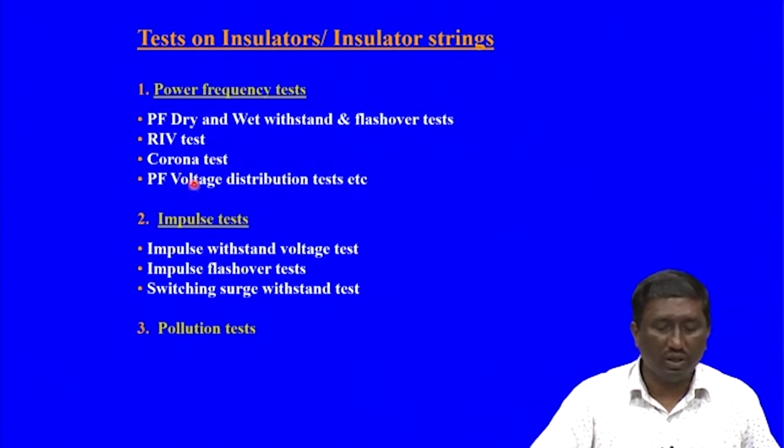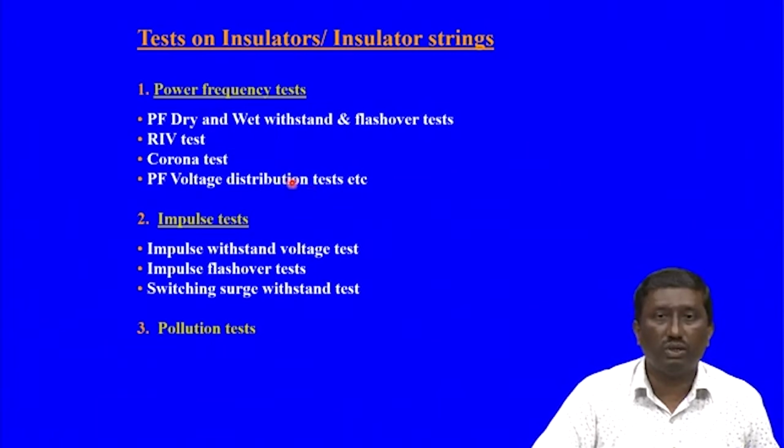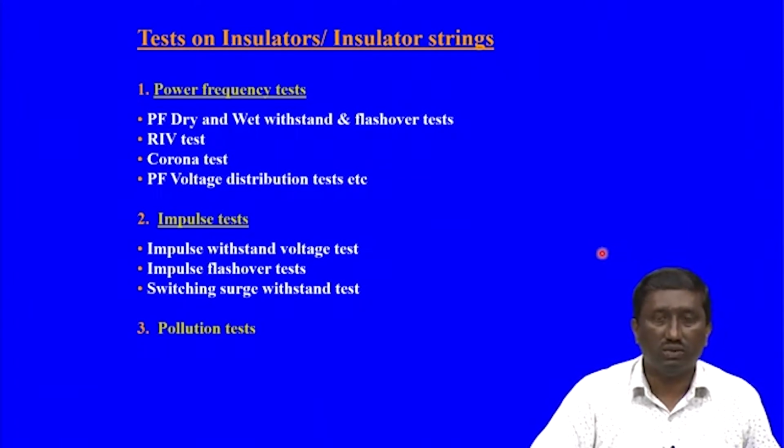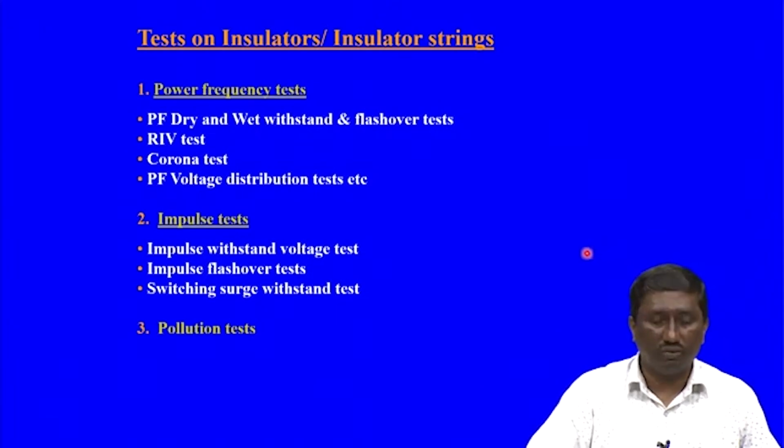Then power frequency voltage distribution. So, voltage distribution is generally carried out for the insulator string at EHV and ultra high voltage. The number of discs which are connected in cascade will be, in case of 400 kV, 23 to 25, in case of 765 it will be around 35 to 40 discs.